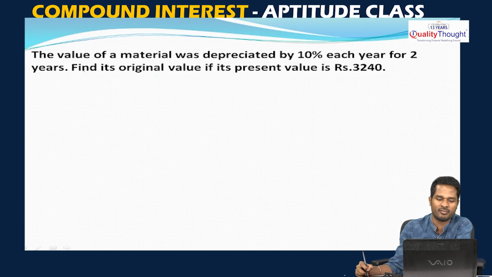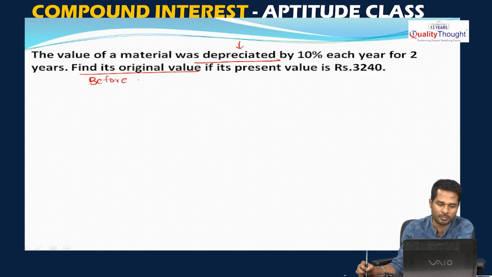See, he said the value of a material was depreciated, which means it decreases by 10% each year for 2 years. So every year it is decreased by 10%. We need to find its original value, that is, what its value was before 2 years.